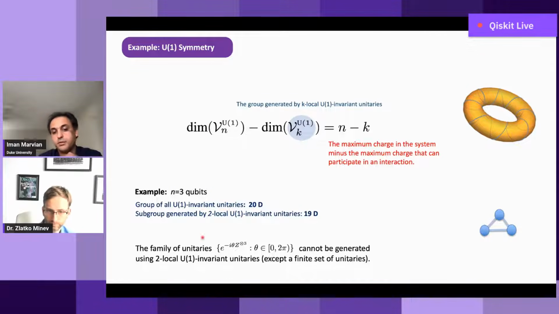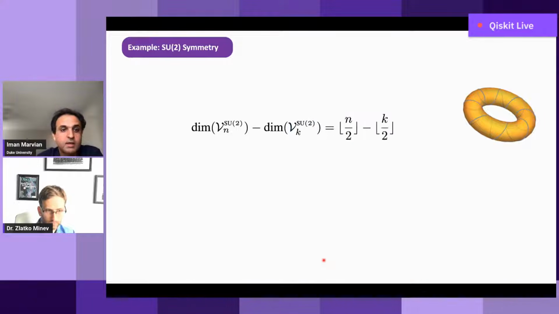K here is 2, so the identity holds. To have a concrete example, the family of unitaries generated by the Hamiltonian Z tensor 3 cannot be generated using 2-local U1 invariant unitaries, except maybe a finite set of unitaries in this family.